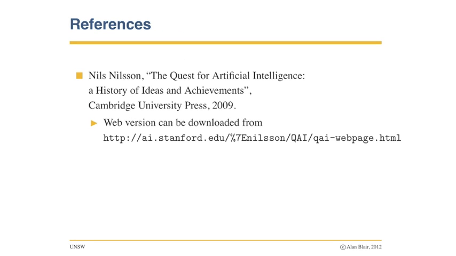One good reference for this material is a book by Nils Nilsson, The Quest for Artificial Intelligence: A History of Ideas and Achievements. I actually don't have a copy of this book to show you, but you can download a soft copy from this website and have a look at it.